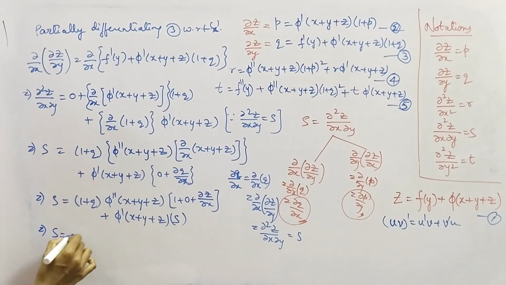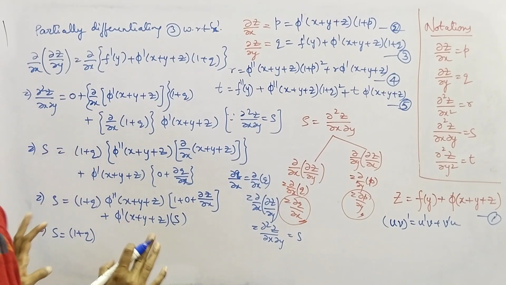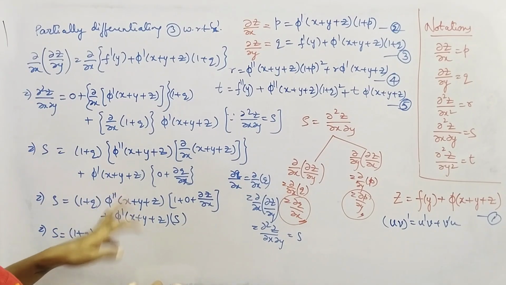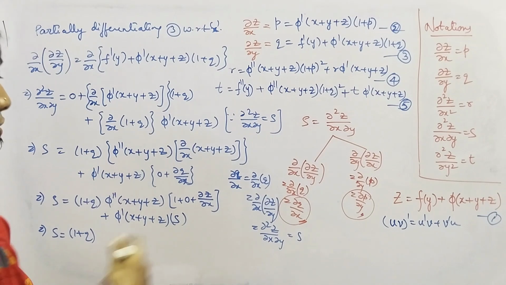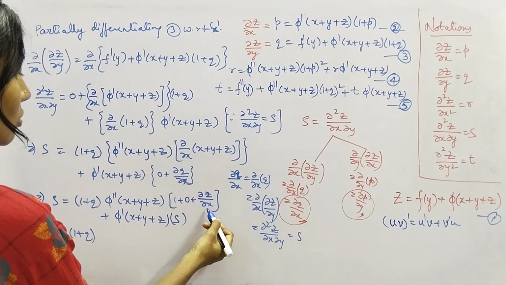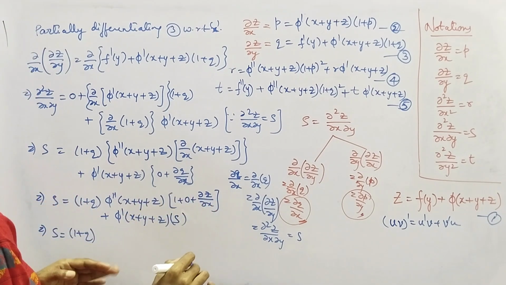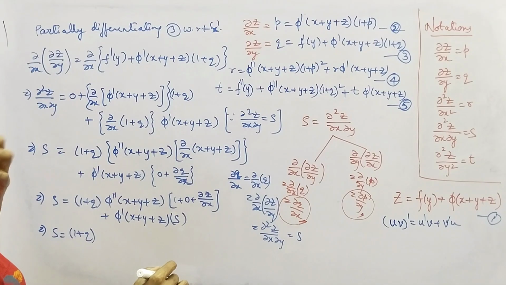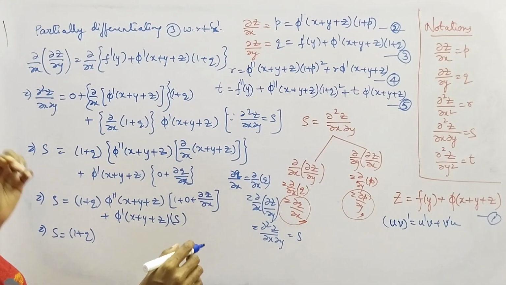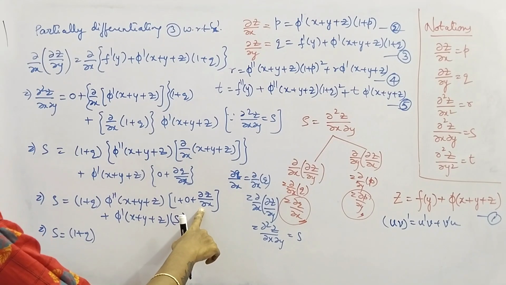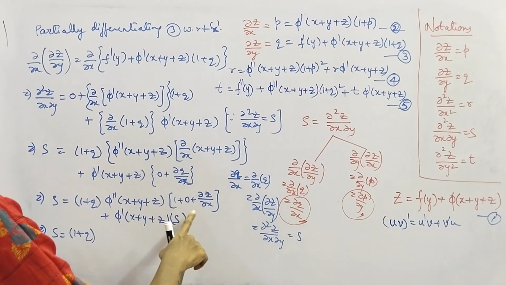This gives us s equal to 1 plus q. Here, instead of writing this step, you can just write 1 plus q whole square into phi double dash of x plus y plus z, because we are having dou z by dou x, which can be replaced by the notation. Yeah, it's dou z by dou x. Okay, you can't write it as q because it's p.